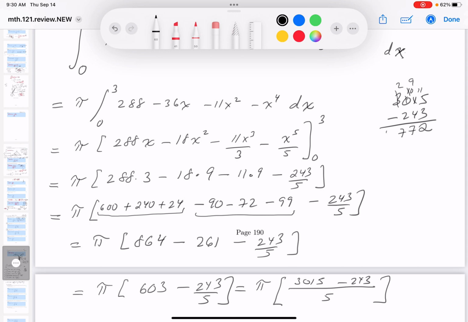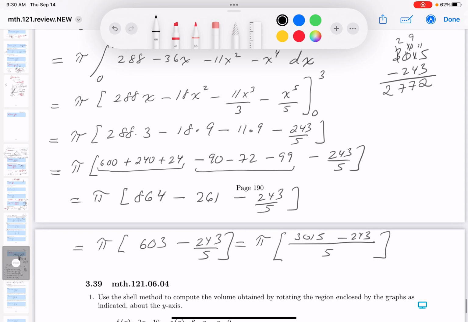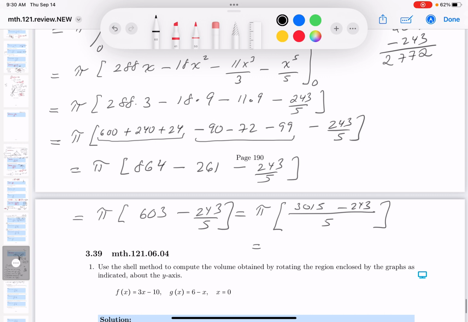And then what do you get? You get 2. All right? So let's write that down. And I think I'm at the end of my rope at this point. That's going to be 2 7s. I write it right in front of the pi. It doesn't look right after the pi. So I'm going to write down 2772 pi over 5.